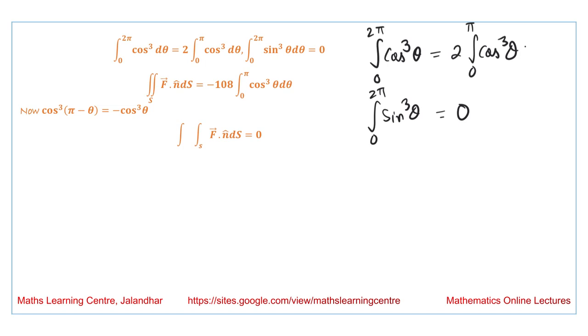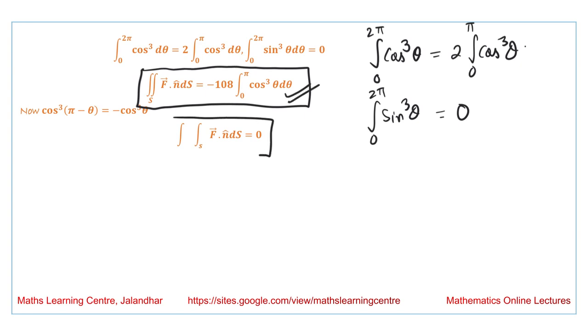So on substituting these values, the integral over S of f vector dot n cap ds comes out to be equal to 0.